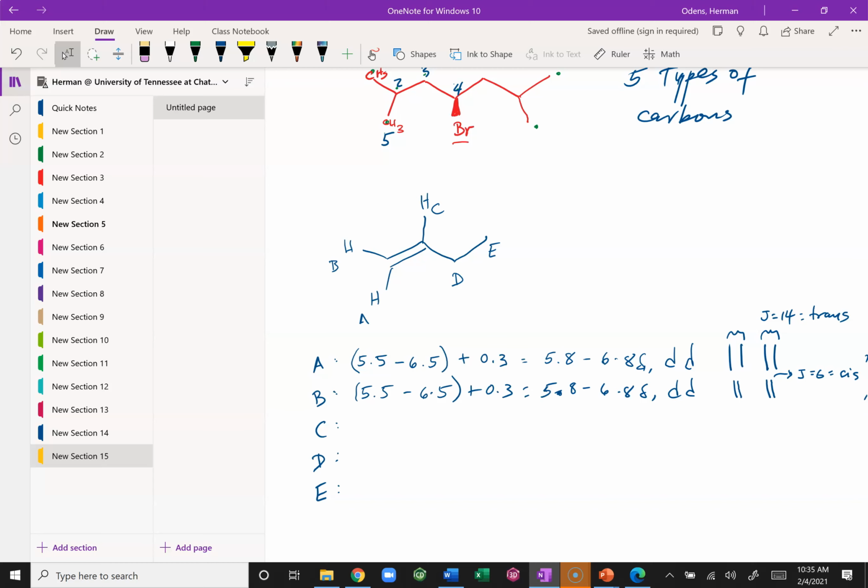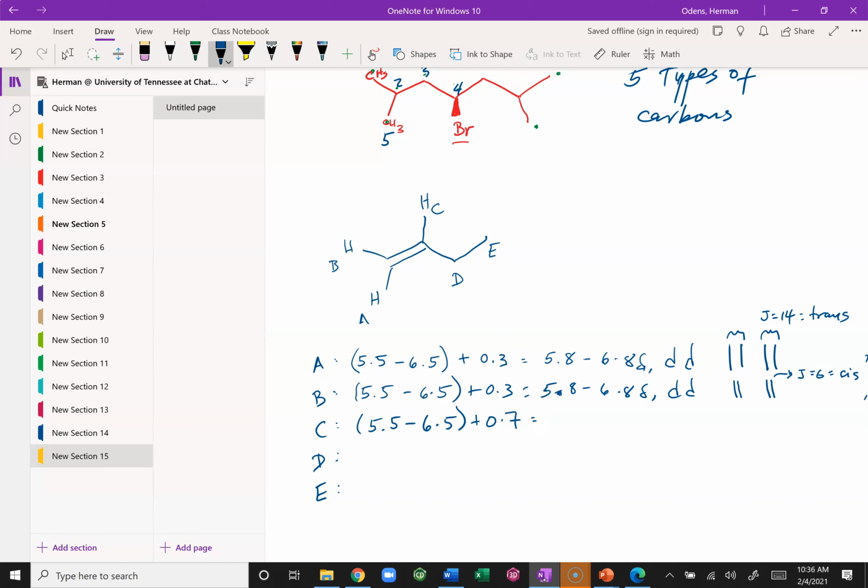How about C? What is C? Check this out. C will have how many neighbors? C is still between 5.5 to 6.5. It's a CH, so you have to add 0.7. Notice that now you're adding the signals.